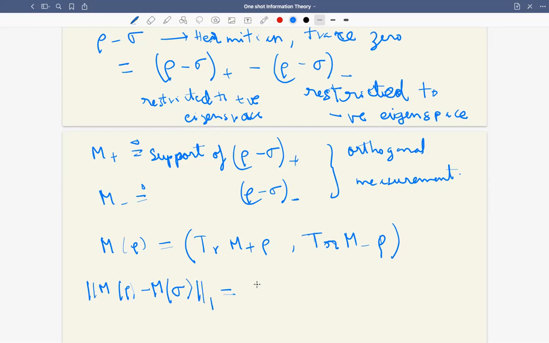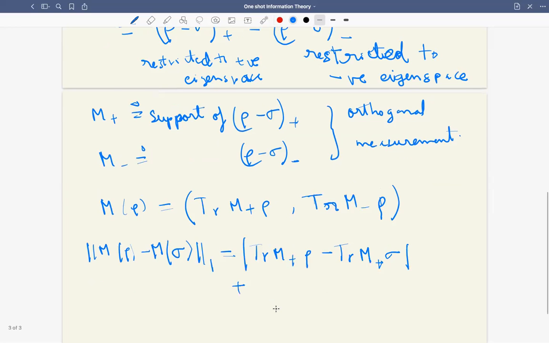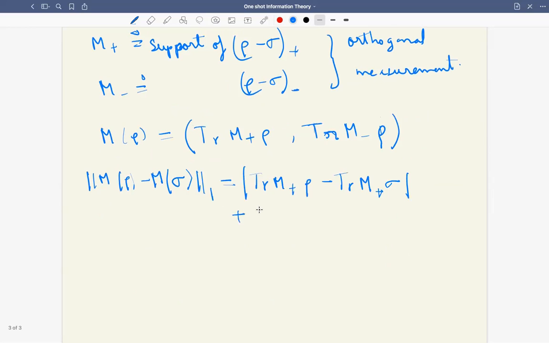so what is this? It is trace m plus rho minus trace m plus sigma absolute value, and then plus trace m minus rho minus trace m minus sigma.